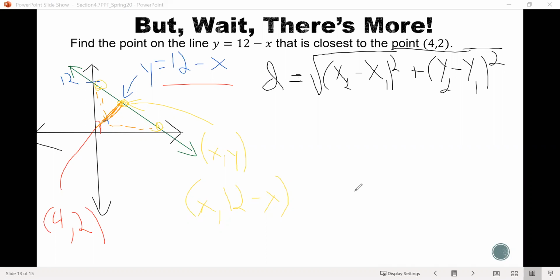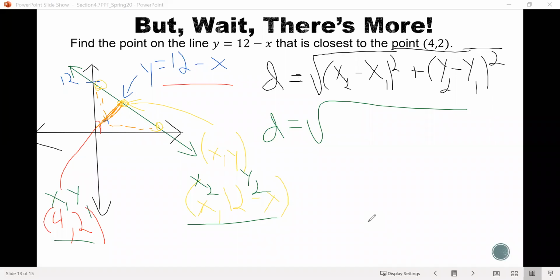Okay, well, using that together with the coordinates of the other point, we can at least write an expression for the distance between these two points. So that would be d equals the square root. I'm going to use these here as my x2 and y2. This will be my x1, y1.